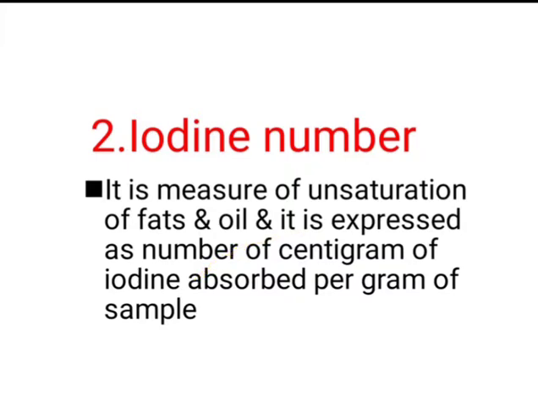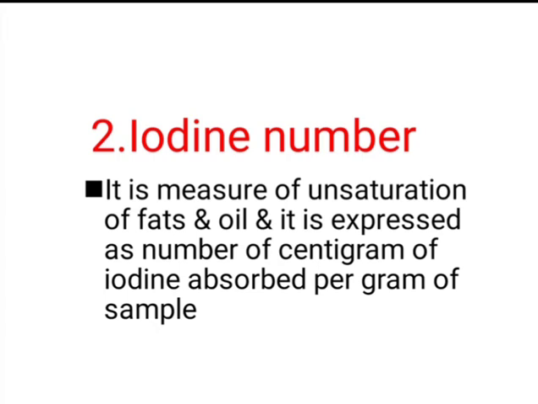Now, the next definition is the iodine number. It is represented by IN and is a measure of unsaturation of fats and oils, and it is expressed as the number of centigrams of iodine which is absorbed per gram of the sample.